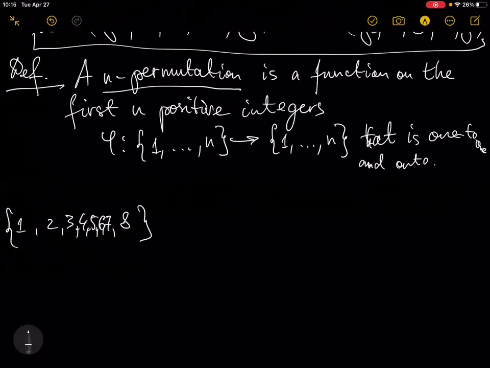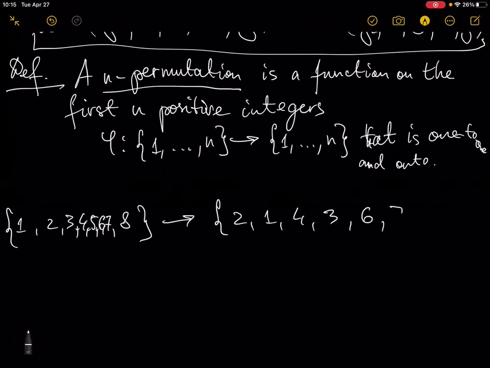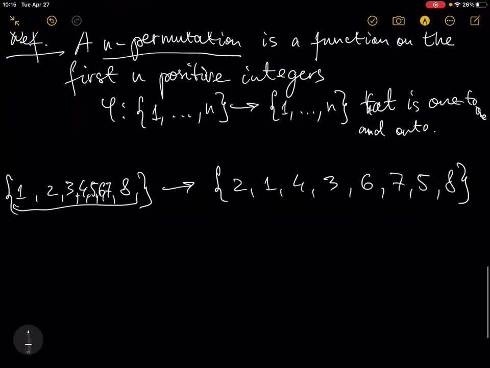Because it's one-to-one and onto, I can permute these numbers in any order and get, for example, something like 2, 1, 4, 3, 6, 7, 5, 8. But I cannot add any numbers and I cannot throw away any numbers. So I just change the order of them.